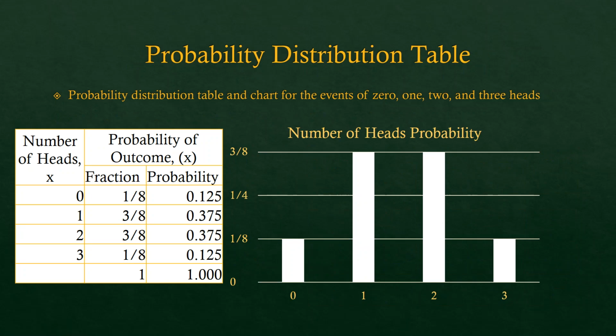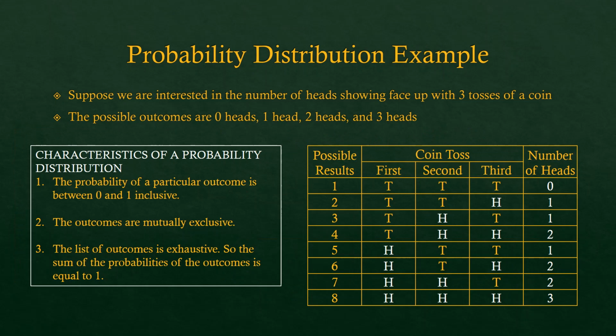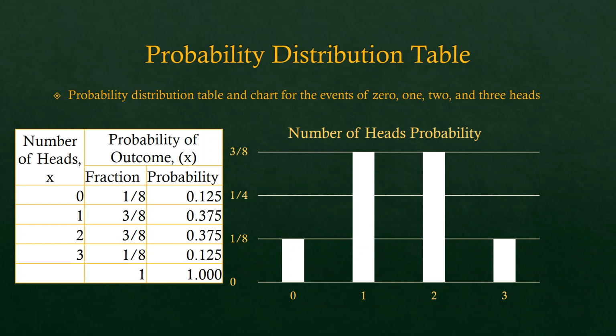Okay, so the probability distribution table notes the number of heads. You can either have 0 heads, 1 head, 2 heads, or 3. In the previous, you can see that the number of times that heads occurred 1 time was 3, so 3 out of 8 times.